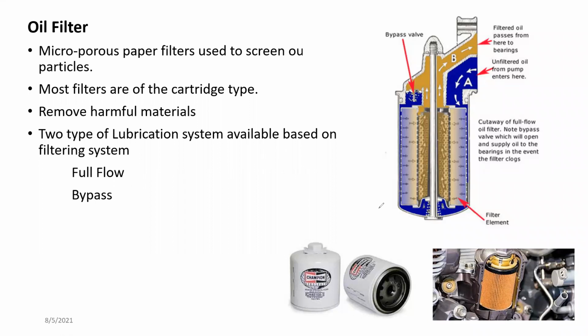Lubricant filter, there are two types of filters actually. I don't know whether you guys know about these things. One is the cartridge type, the other one is known as the spin-off type, right?